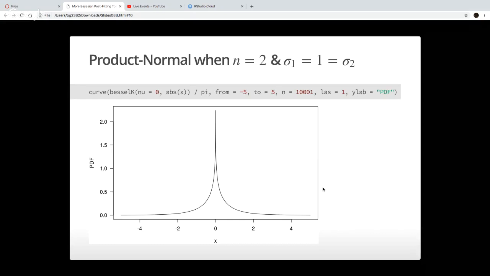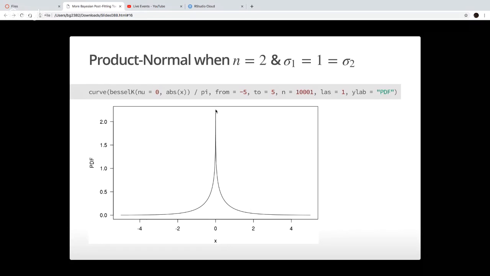And you can see that we can plot the PDF reasonably well when n is only 2. It involves the so-called modified Bessel function of the second kind, which is not to be confused with the modified Bessel function of the third kind, which is the same thing. But anyway, it has this shape, and I didn't plot it all the way up to infinity because you wouldn't be able to see the rest of it.